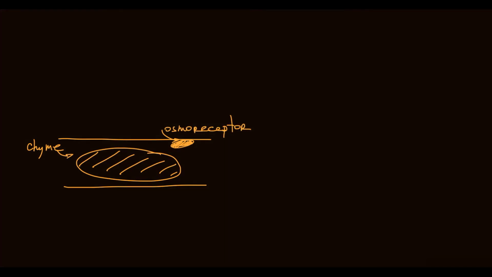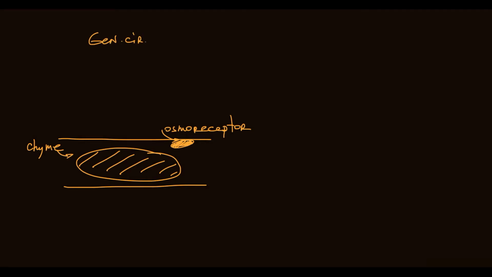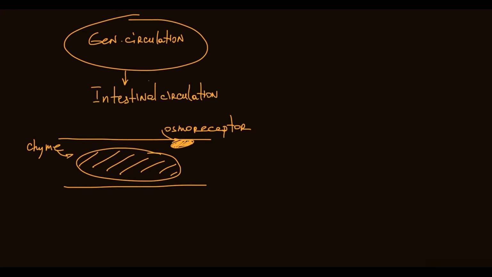When hyperosmolar chyme enters the duodenum, duodenal osmoreceptors sense this hyperosmolarity, and to decrease these hyperosmolar chyme properties, the organism uses the fluid shift mechanism. Overall, the concept is that fluid moves from general circulation to intestinal circulation, and then some portion of this fluid is secreted into the intestinal lumen to decrease chyme osmolarity. So basically, fluid shifts from general to intestinal circulation.